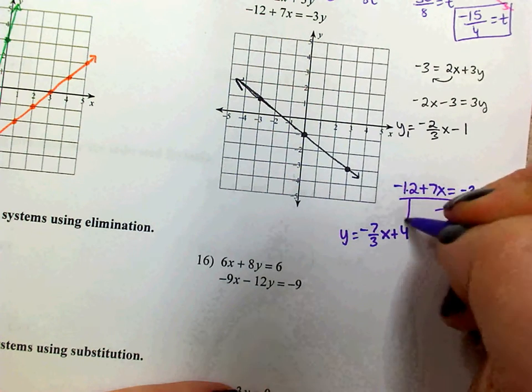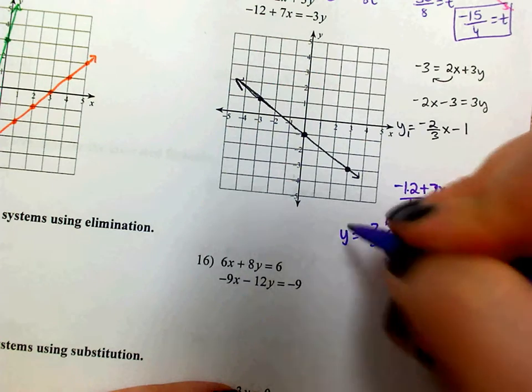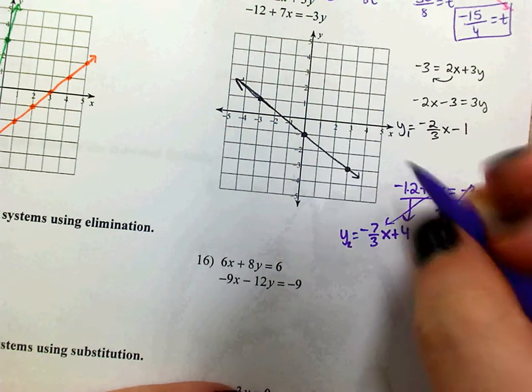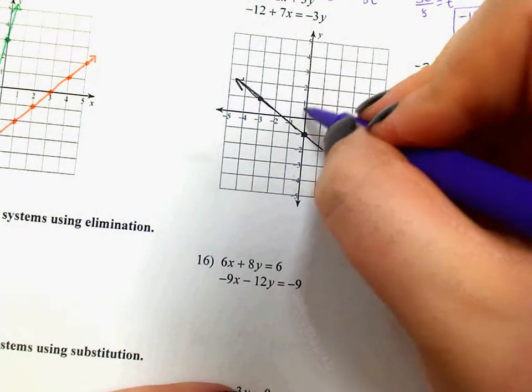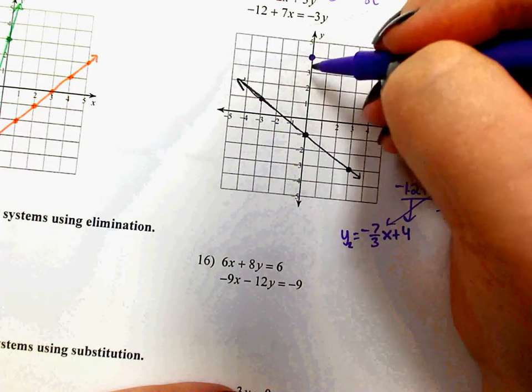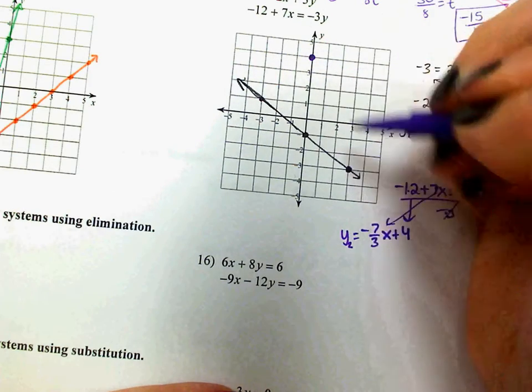So y2, y-intercept is 4. And the slope is down 7 over 3. 1, 2, 3, 4. Okay, down 7 over 3. From +4, down 7 is -3, and then over 3 is a +3 there.